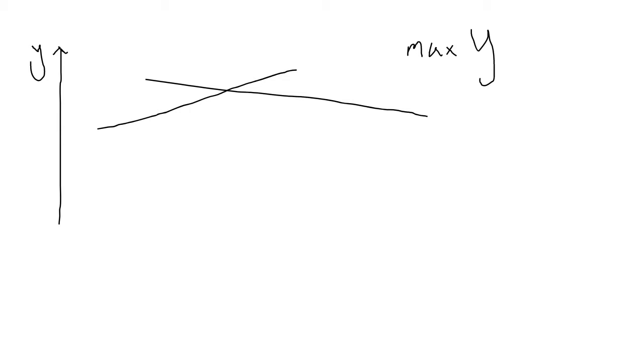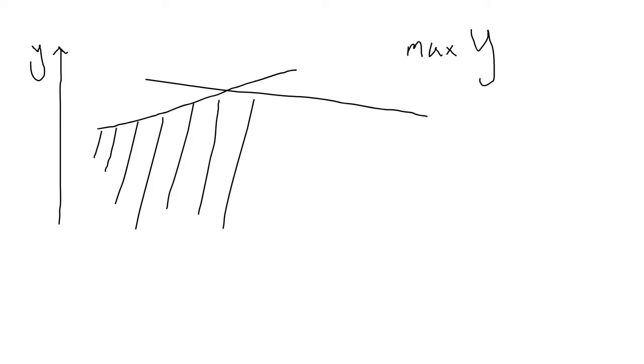When you are bounded to be under these 2 lines, it's clearly this point, right? It is on the boundary. It is not here, it's not here.